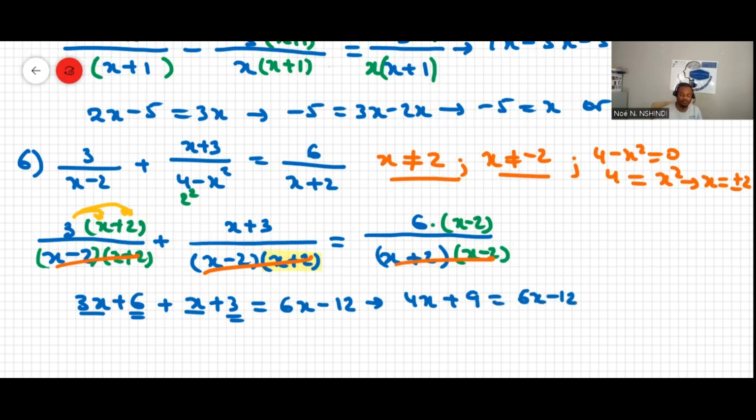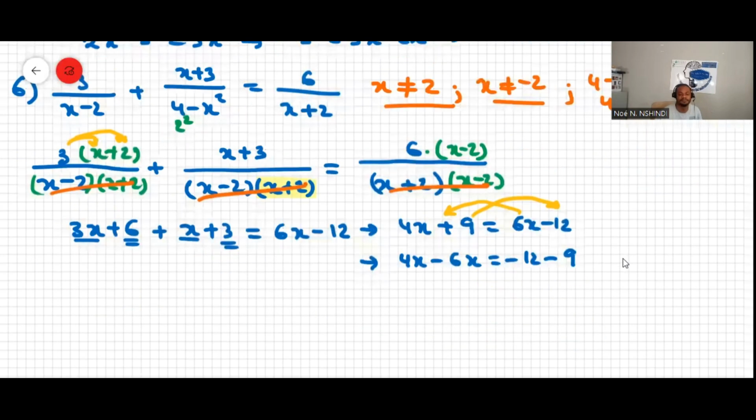So we will move 6x over, and 9 over. And then this means 4x minus 6x equal to -12 minus 9. Now, this will be -2x equal to -21.